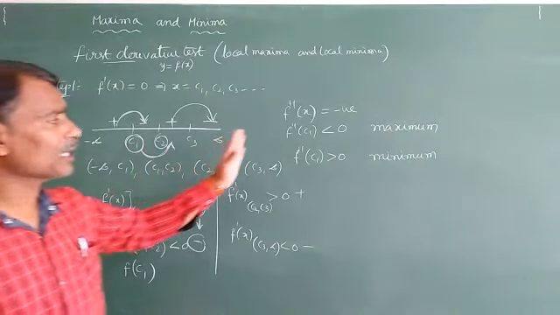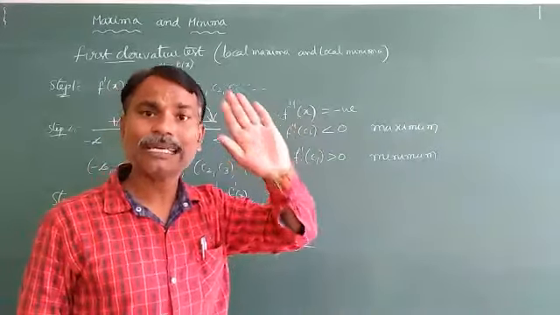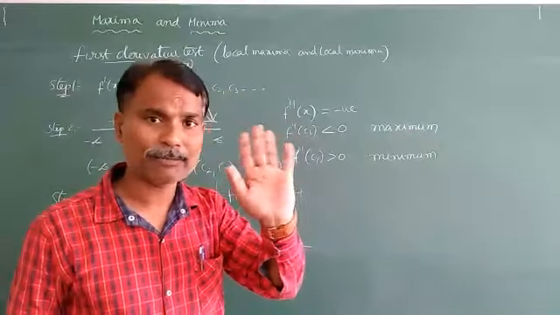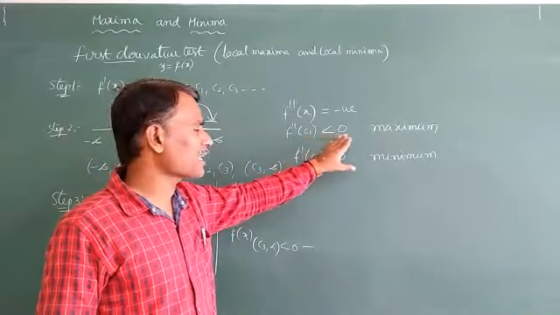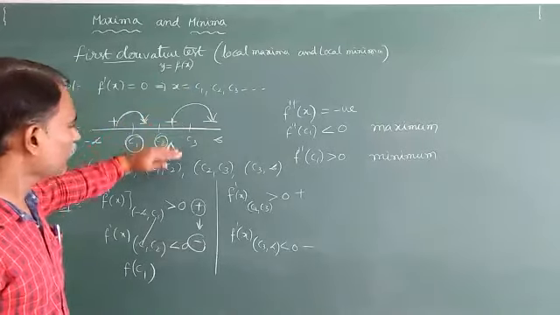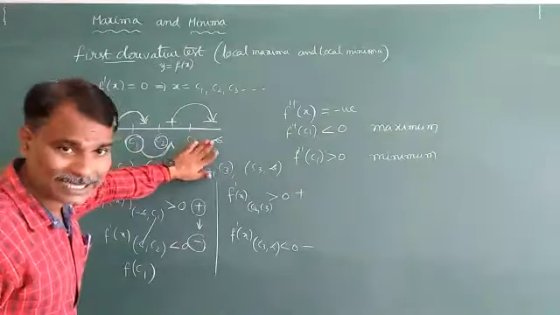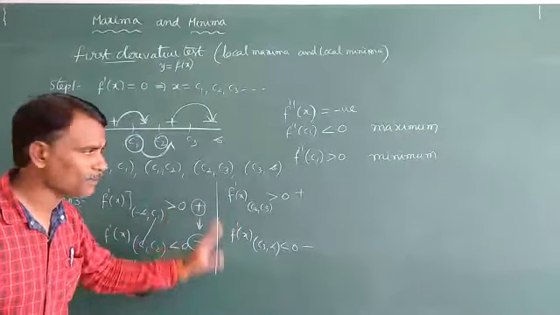And think about the double derivative test. We use the double derivative test only for purely maximum, minimum, not for local maximum, local minima. Same method we follow: first derivative equal to 0. Find the interval. After this, for maximum, minimum, don't do this part.